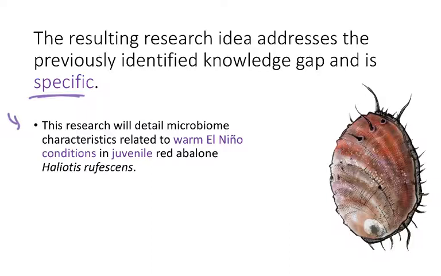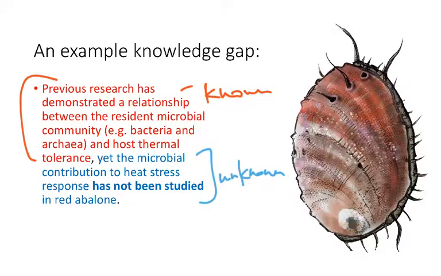So in this research idea, what I have done is provide specifics, first of all, related to what kind of heat stress conditions I'm talking about. So in the knowledge gap before, I said the microbial contribution to heat stress response hasn't been studied. If we're talking about heat stress response, there are a lot of different possible variables or ways to test that.